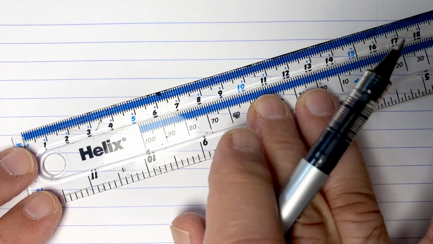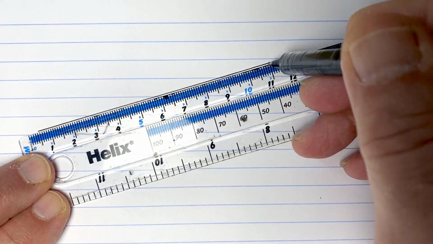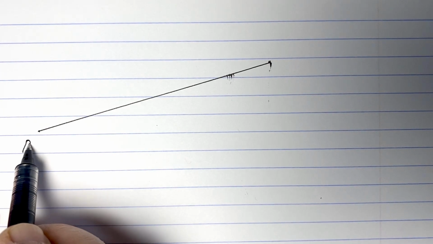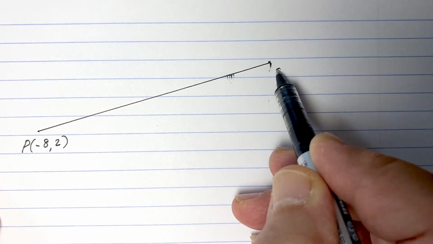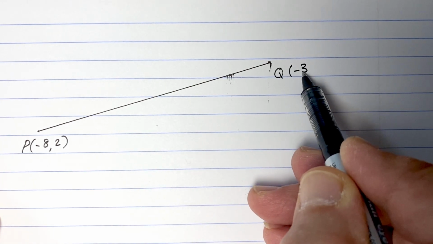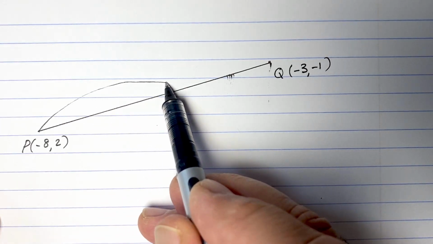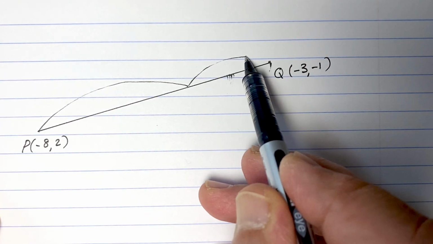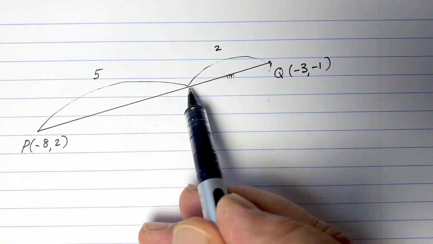Another example. This time I've got points P and Q, and I want to divide this in the ratio of, say, 5 to 2. So that's the point.